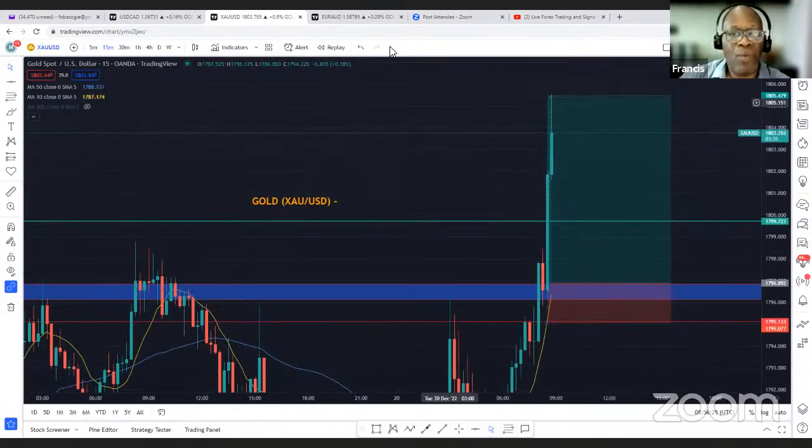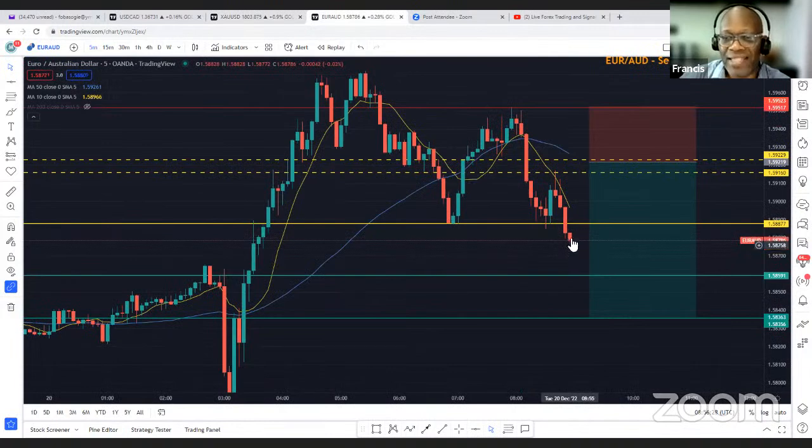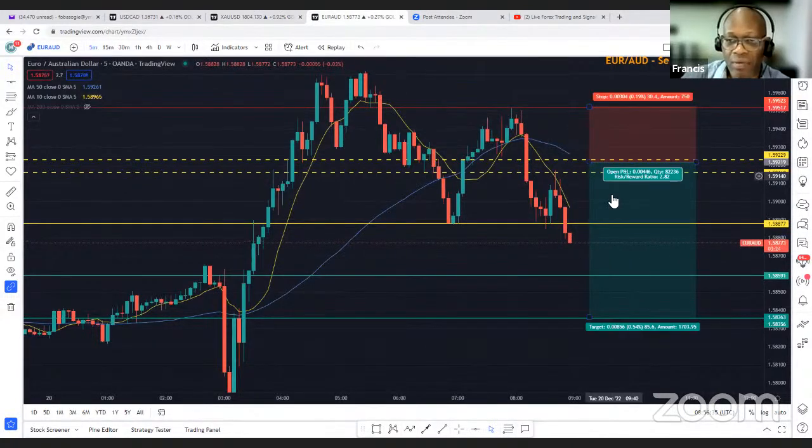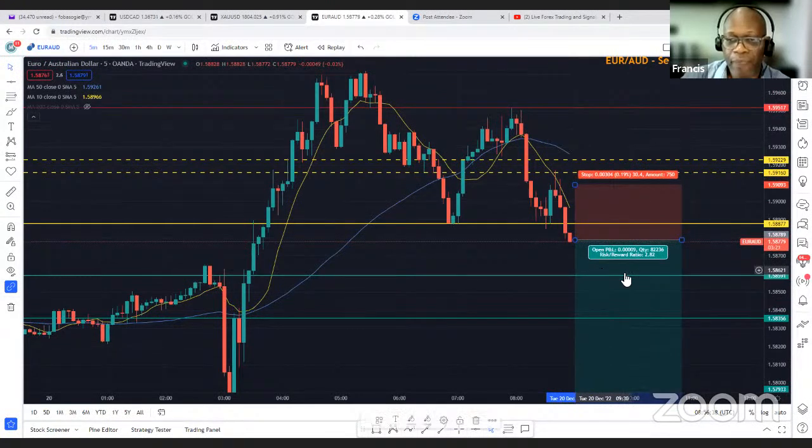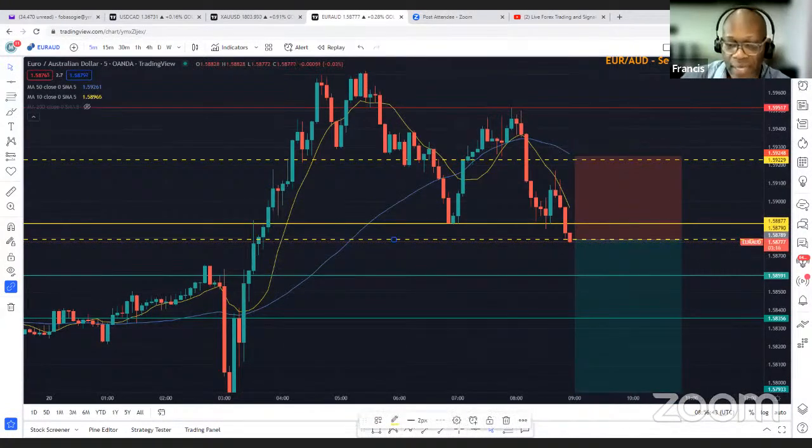So never mind, guys. We are still on this one. Okay, so let's enter this one now. Let's sell Euro Aussie dollar. I'm selling this one now. I'm moving my entry here and the stop loss there. So we are in this trade now. Let me quickly enter myself. Sell Euro Aussie dollar now. Okay. I'll tell you where to put your stop loss shortly.